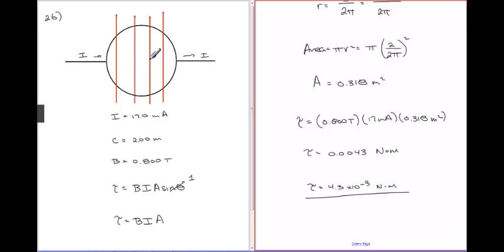Okay, make sure I'm doing that right. It says this result is valid only when the magnetic field is parallel to the plane of the loop. And the plane of the loop would be this flat thing.